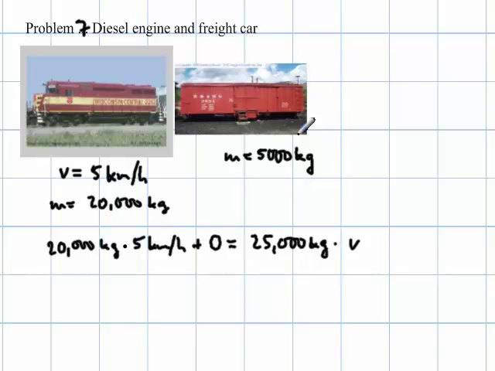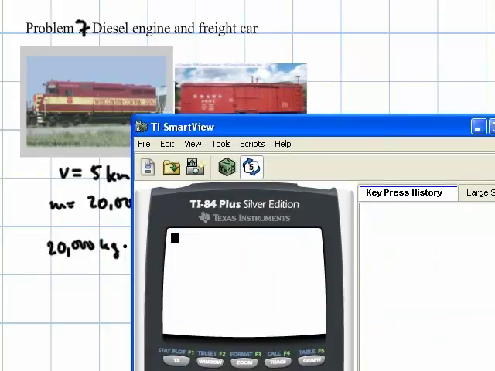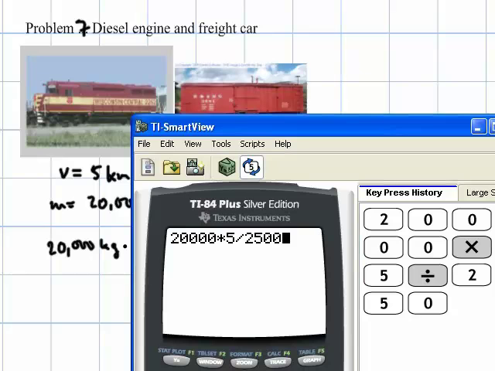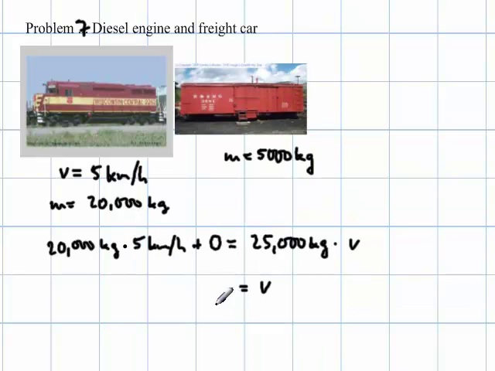So basically what we're going to do now is multiply 20,000 times 5, divide by 25,000, and we come up with 4 kilometers an hour.